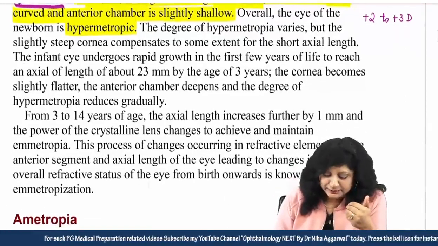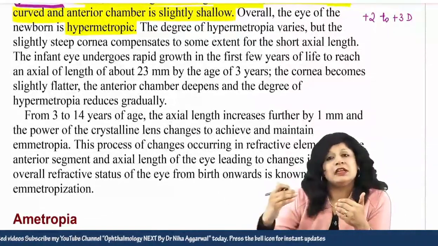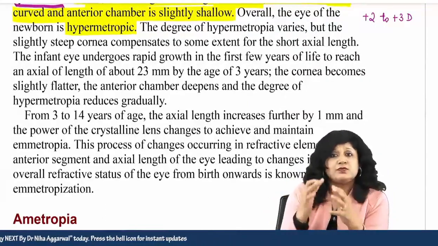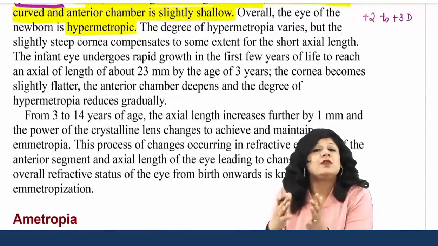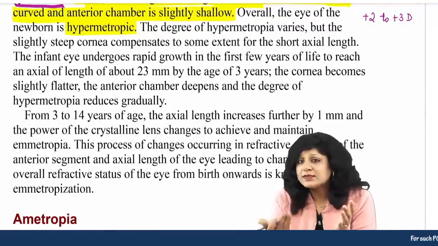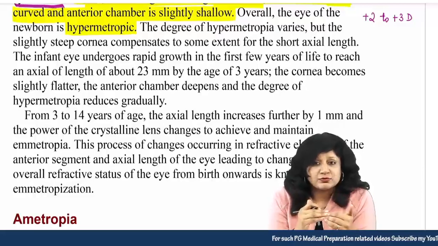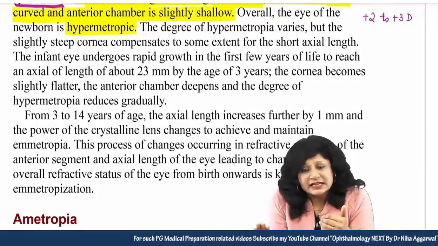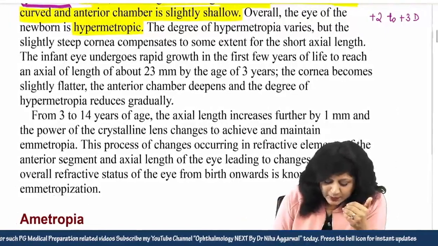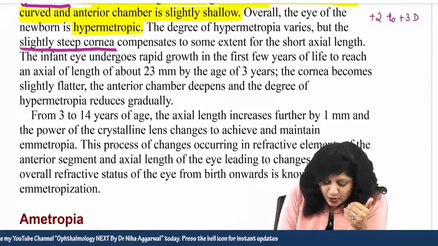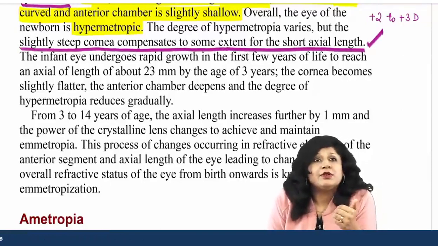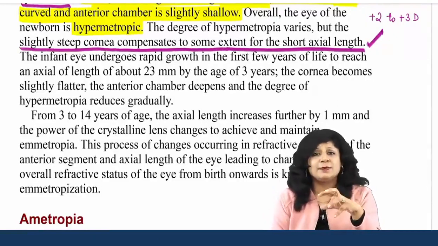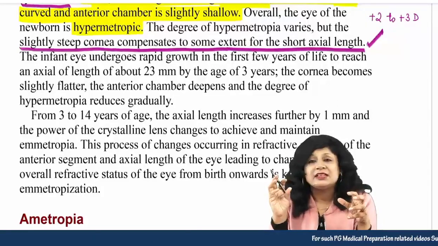By the time there is growth in the eyeball, because the baby is small, all the organs which are small slowly and gradually grow, and when the eyeball reaches the adult size, the hypermetropia will also shift towards emmetropia. The degree of hypermetropia may vary, but a slightly steep cornea compensates to some extent for the shorter axial length. Because the baby has hypermetropia and we need some kind of compensation for this, they have given you the steep cornea.